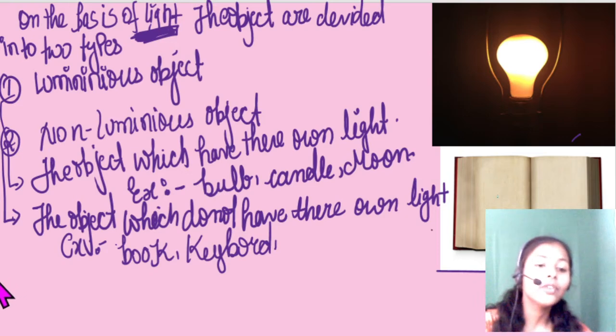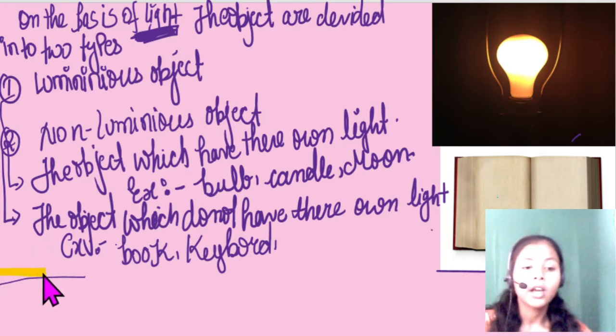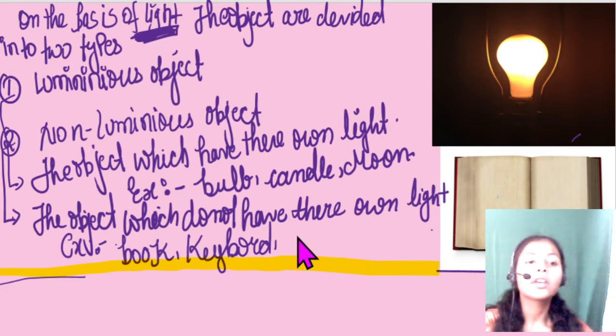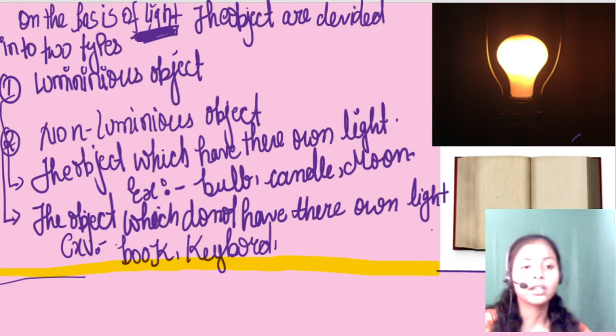The question will come in your mind: if the non-luminous object does not have its own light, then how can we see these objects?